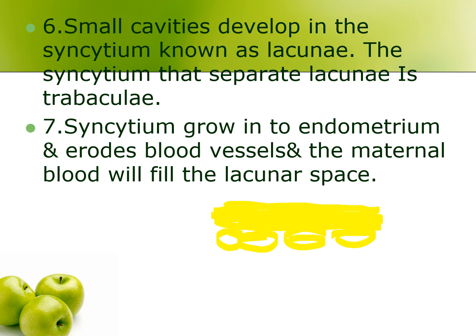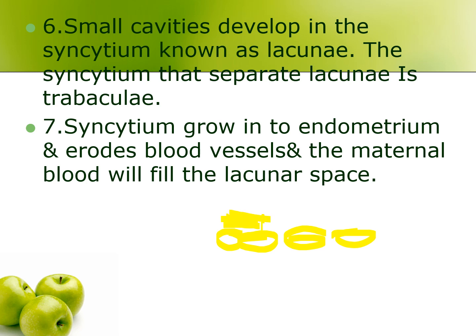Later certain cavities will develop inside this syncytium. See, this is the syncytial trophoblast, this is the cytotrophoblast. Later certain cavities will develop in the syncytium. Say certain cavities will come.